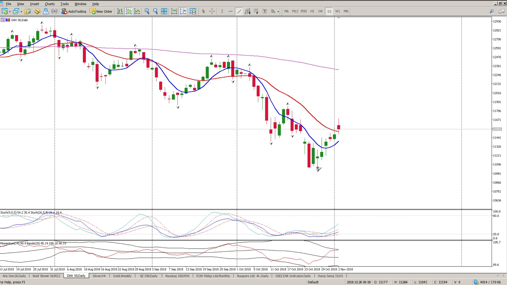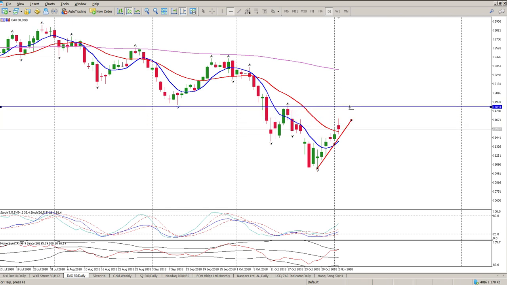Now, the big thing here to watch is that trend line. Sorry, not that. Use that later, but more of a case of watching that. So you can see we have a rising wedge.